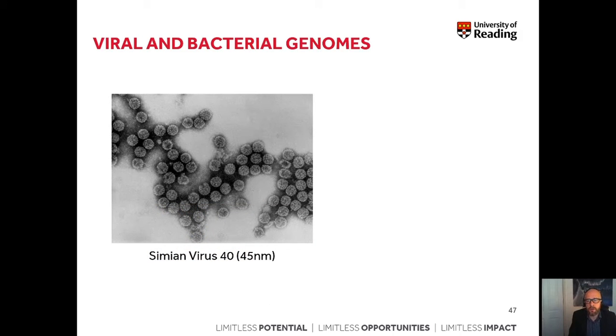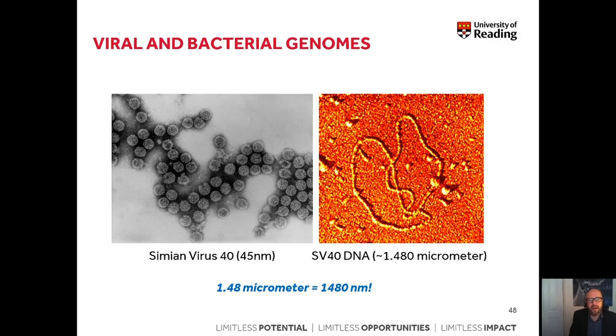For simian virus 40, which is 45 nanometers in size, the DNA is 1.4 micrometers. So even in those quite simple and small organisms, DNA needs to be packaged because, again, one micrometer contains 1000 nanometers.